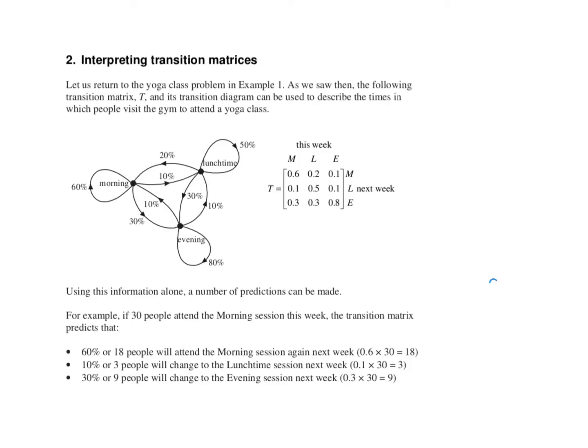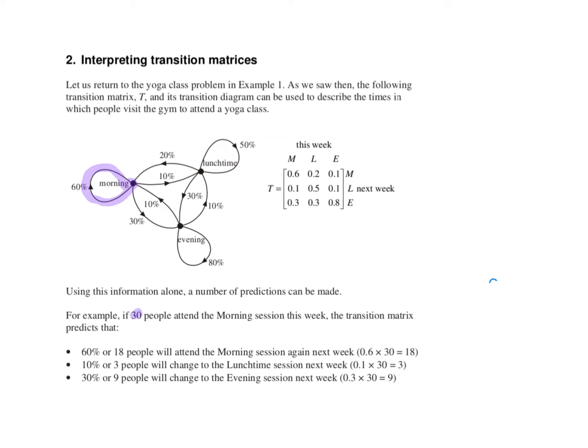Okay, so this is just a transition to help you understand. So there's a yoga class at the gym, and you go either in the morning, at lunchtime, or in the evening. Now, they said, for example, if there were 30 people in the morning, so you begin at morning, if you look at morning, 60% go back to morning.